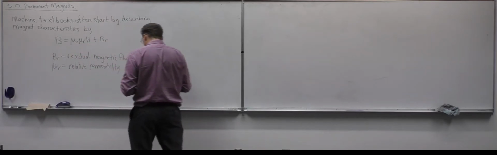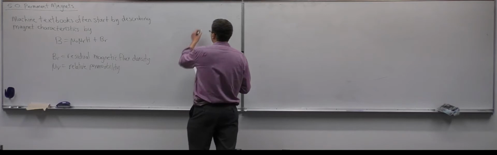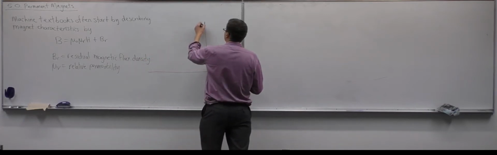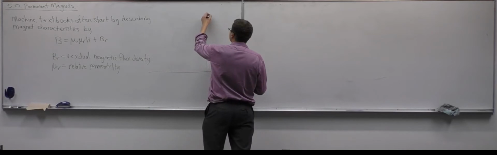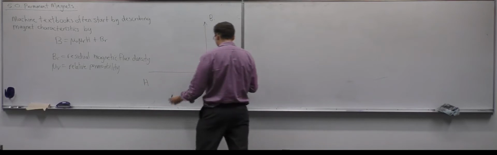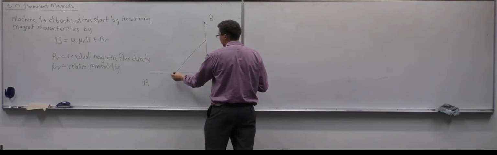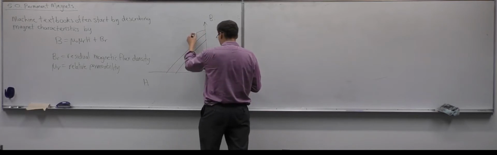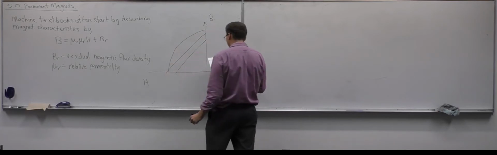And so we might have a plot like this. This is an example. We have B and H, and we might have some different curves for different temperatures.